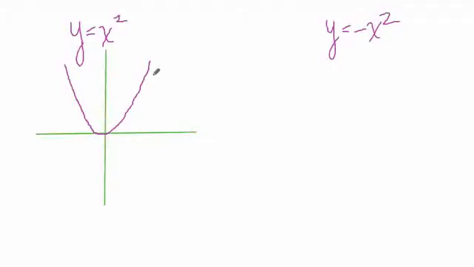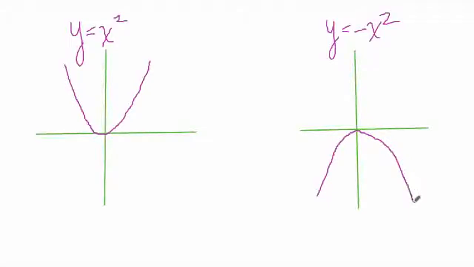So if I was to make my table, that negative sign is going to change the sign of all the y values in the second column. All right, changing the sign of the y value puts it below the x-axis instead of above. So that's going to have the effect of flipping the graph over the x-axis. Okay?